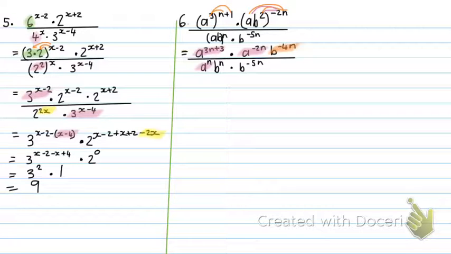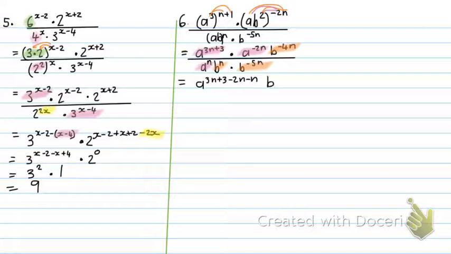Now I mark all the a's with one color and all the b's with another color. Everything that are exponents of a on top will be added, and everything on the bottom will be subtracted. So it's going to be a to the power 3n plus 3 minus 2n minus the n on the bottom.